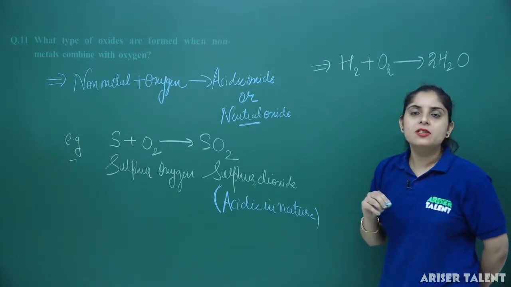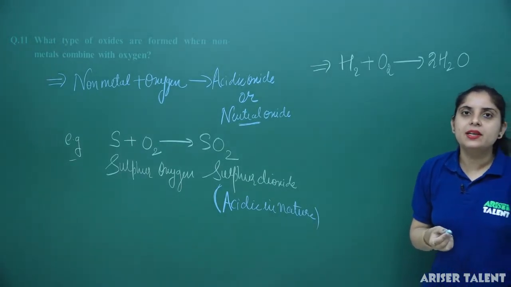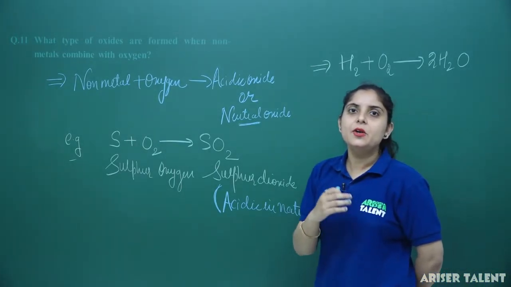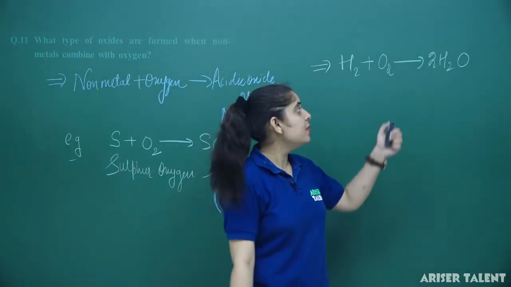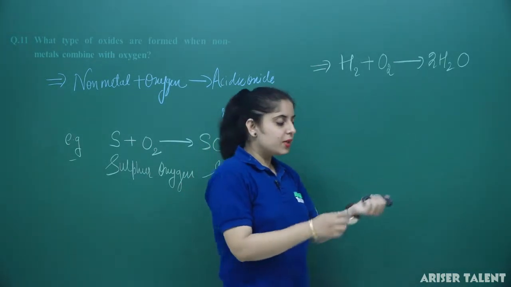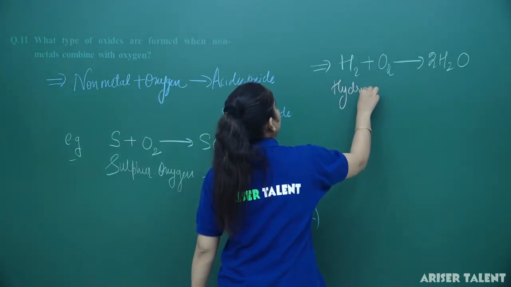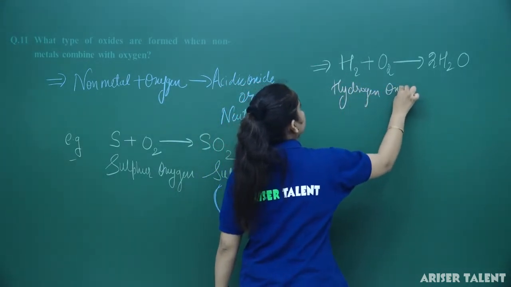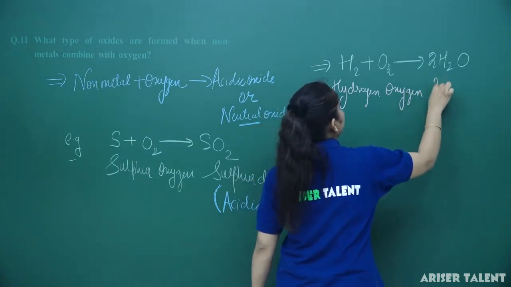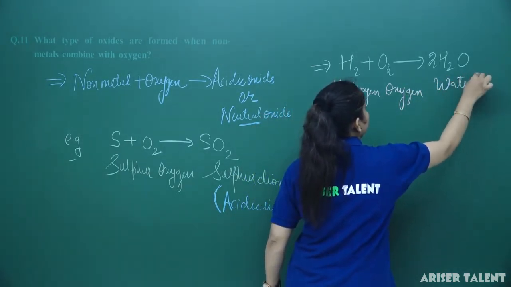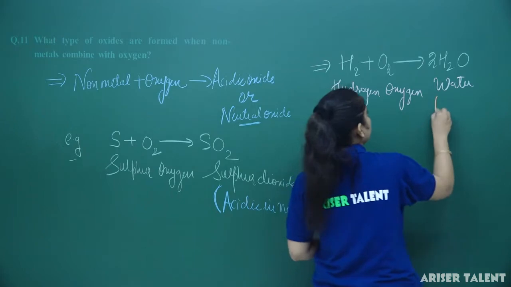So, hydrogen and oxygen are going to form water, and water is neither an acidic oxide nor a basic oxide. In fact, it is a neutral oxide we are getting here. Clear? So, this is hydrogen, this is oxygen, this is water, and water is a neutral oxide.